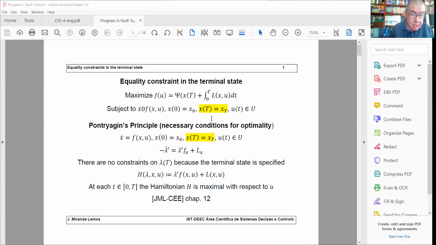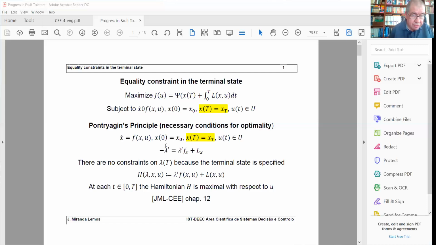So what is the modification of Pontryagin principle? The main modification is that now you have an extra condition, which is the terminal condition, and you lose the terminal condition on the pseudo state, on the adjoint, on the solution of the adjoint equation, the cost state.